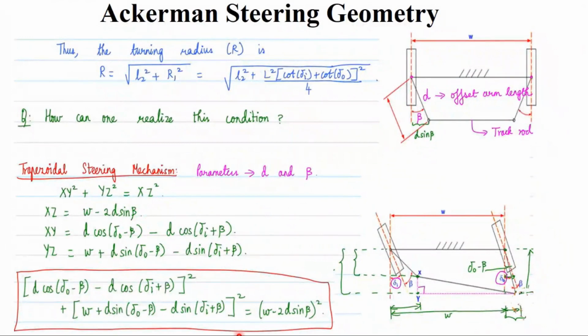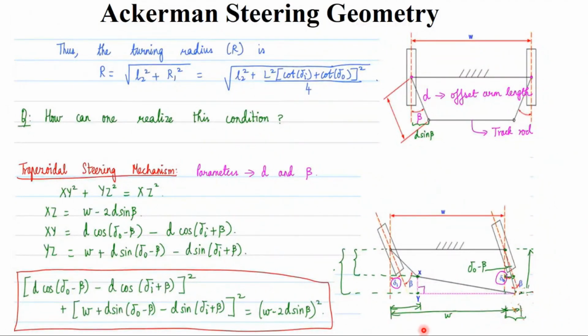Similarly, you have xy. Okay, let us see xy later. We will see yz first, it becomes easy for you. Yz. What is yz? Yz is nothing but w, okay, plus, when you use the logic here, what does it become?